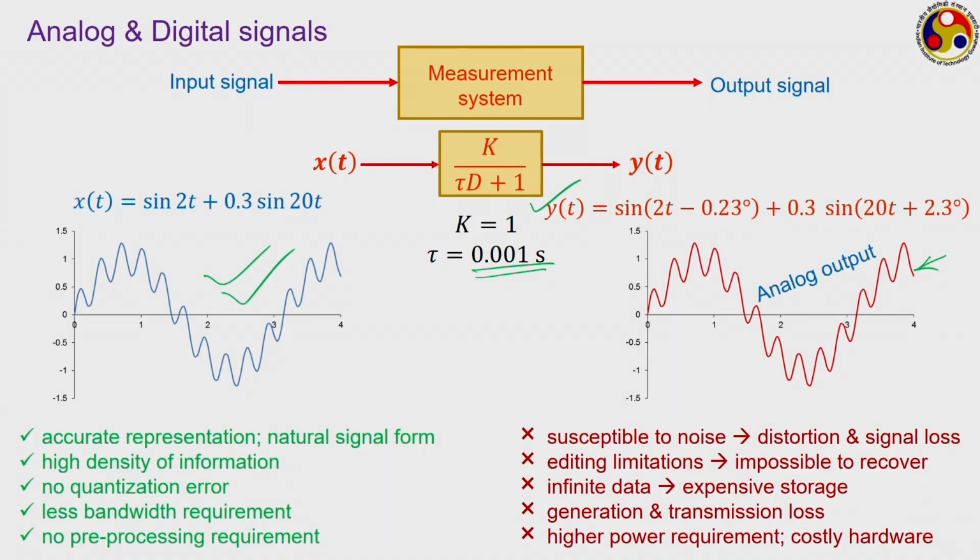But if that same wire is supplying power over say 100 kilometers, then because of the joule heating and other kind of induction losses, a significant amount of voltage drop you may experience at the consumer's end. That is what we refer to as this transmission loss. The power requirement can also be quite high, particularly the hardware is quite costly. So analog signals have certain issues on their own.